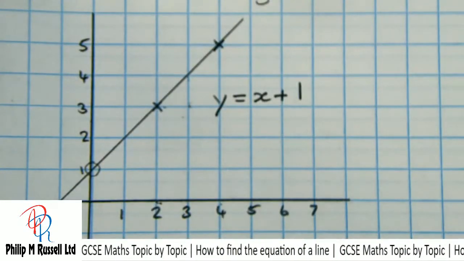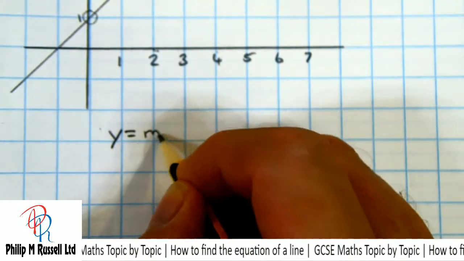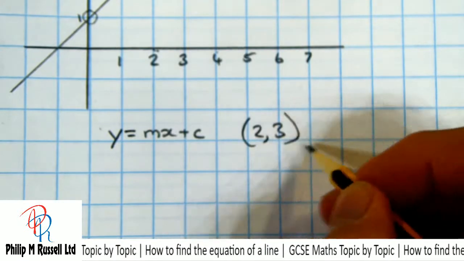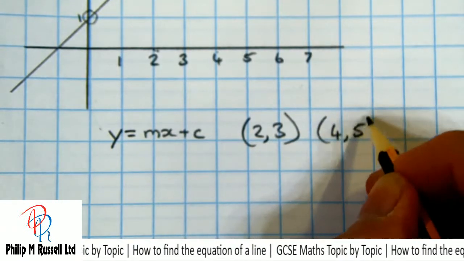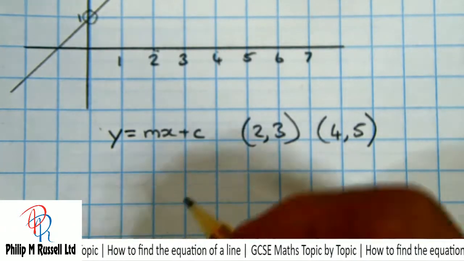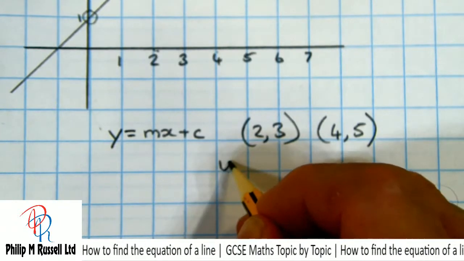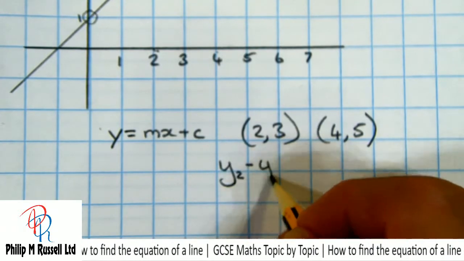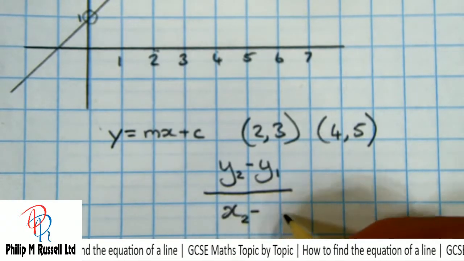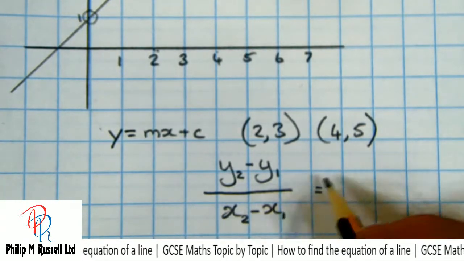We can solve that in a different way. Trying to solve this a different way, we can look at a different formula, and this one I know as y2 minus y1 all over x2 minus x1. How does that work out?